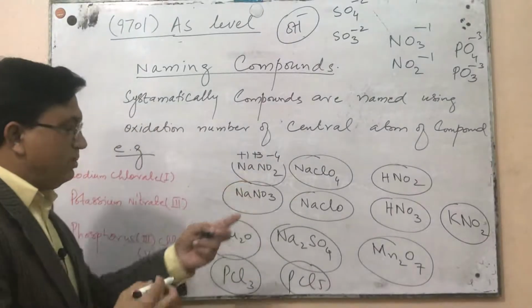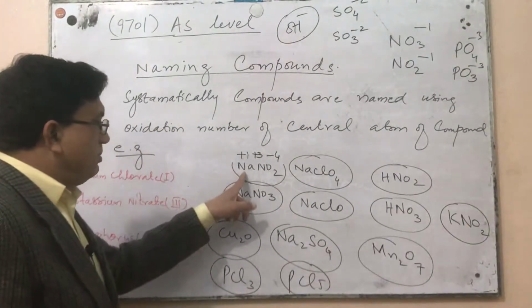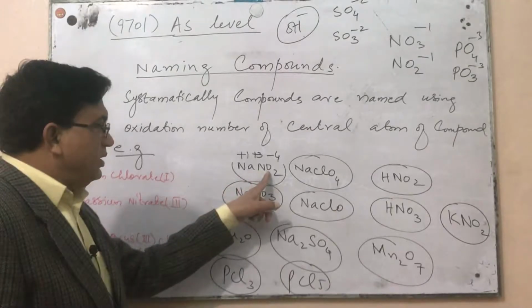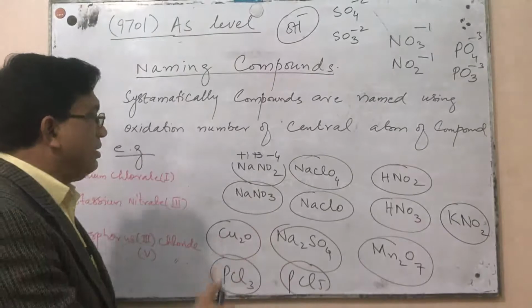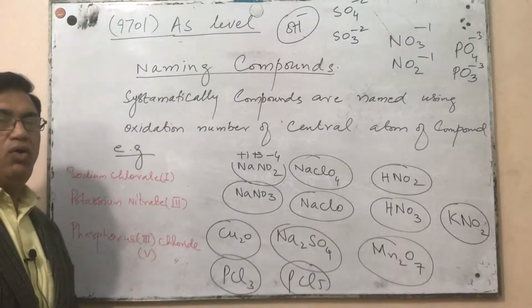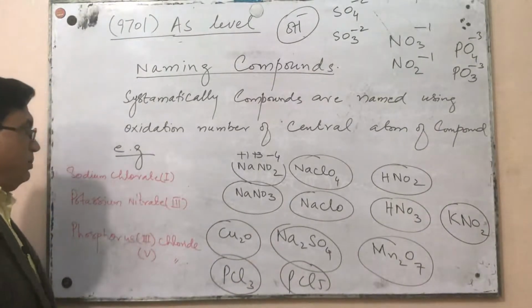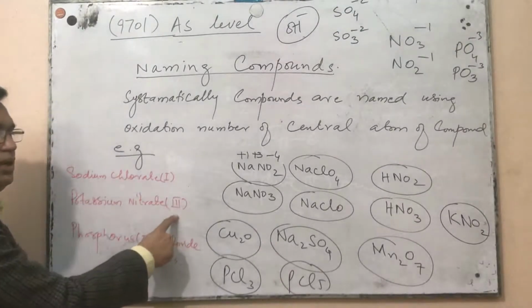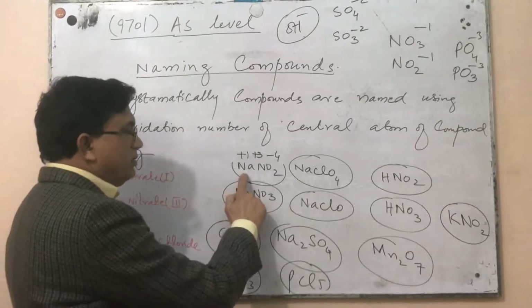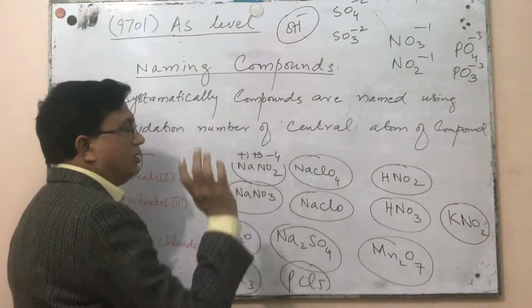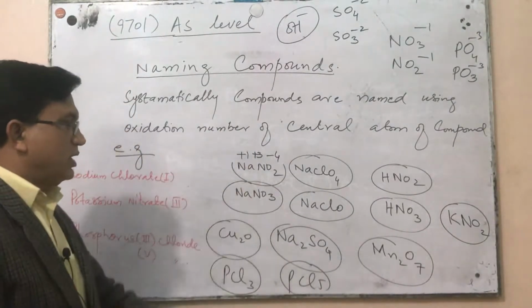So its name will become sodium nitrate 3. We will represent the oxidation number at the end of the atom using Roman numerals. This is sodium nitrate 3 compound's name.